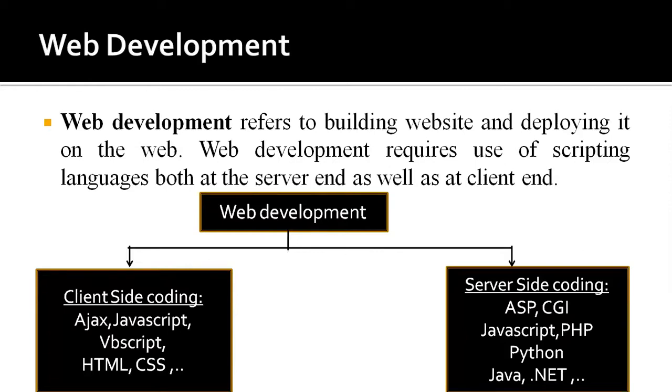Client-side coding can be done in different types of scripting languages or markup languages such as VBScript, HTML, CSS, JavaScript, etc. While the server-side coding can be done in ASP, CGI, JavaScript, PHP, Python, Java or .NET, etc.